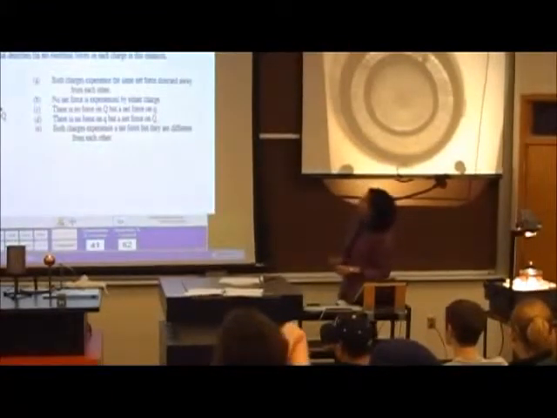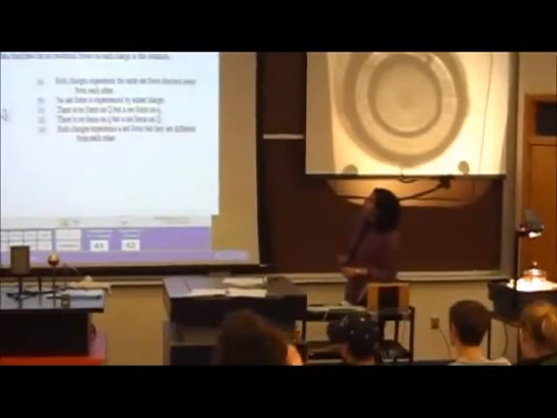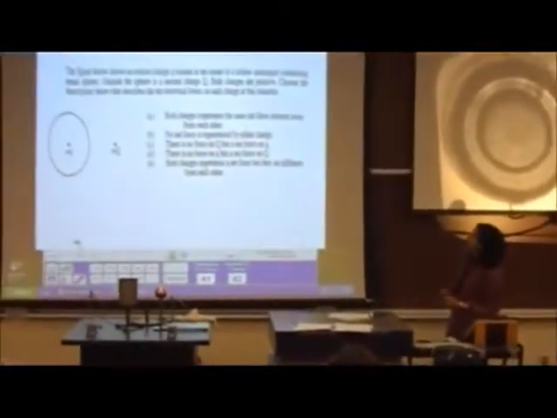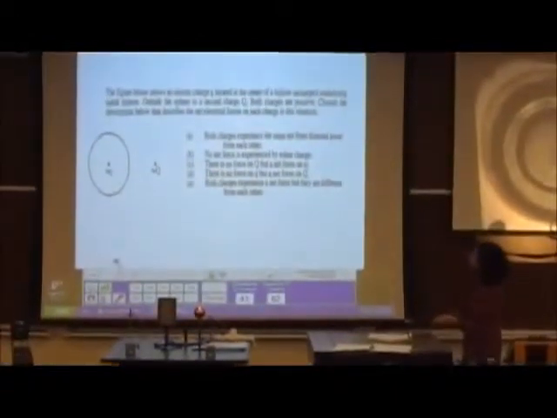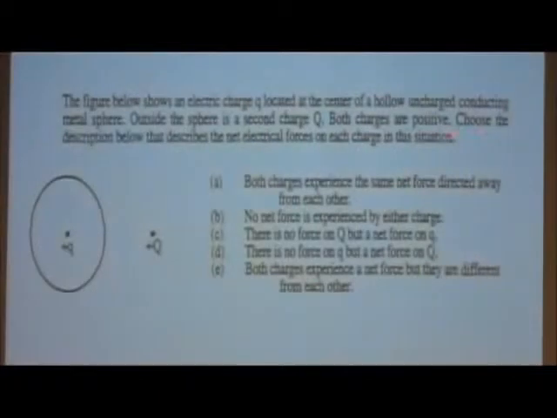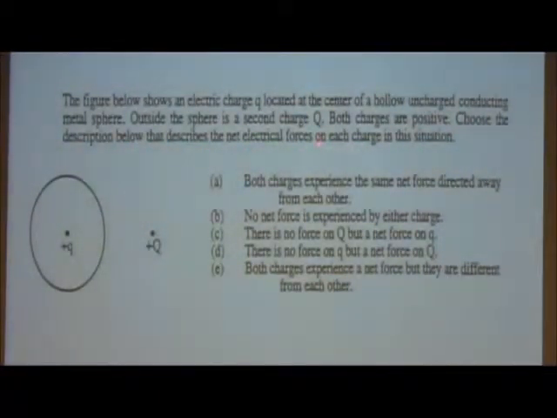All right, let's look at one more before we move on. It says the figure below shows an electric charge Q located at the center of a hollow uncharged conducting metal sphere. So here is a charge Q, and then outside is a charge plus capital Q. Both charges are positive. Choose the description below that describes the net electric forces on each charge in this situation.